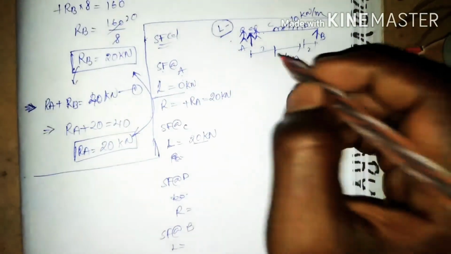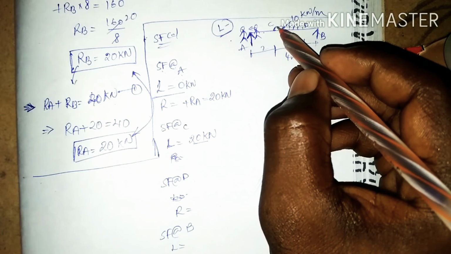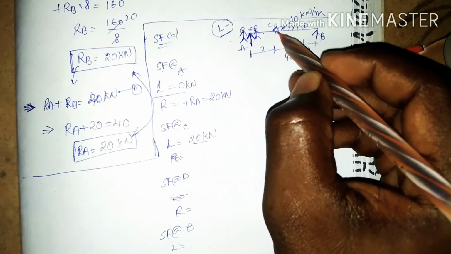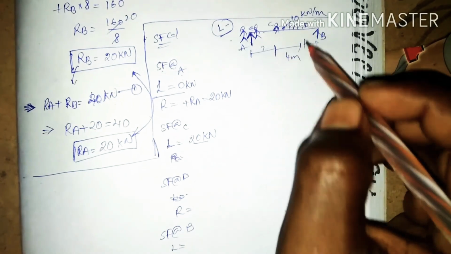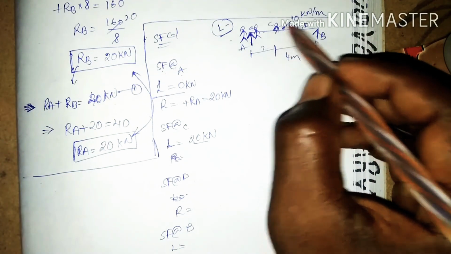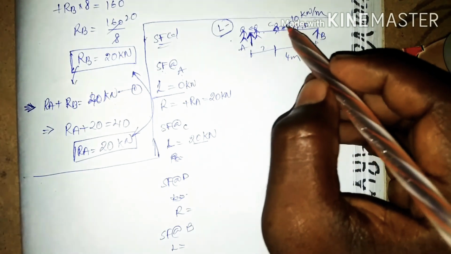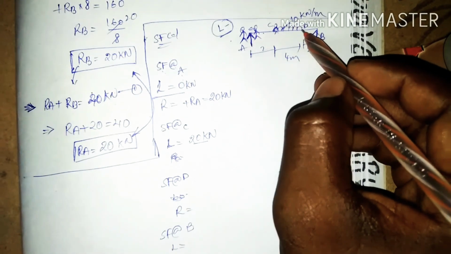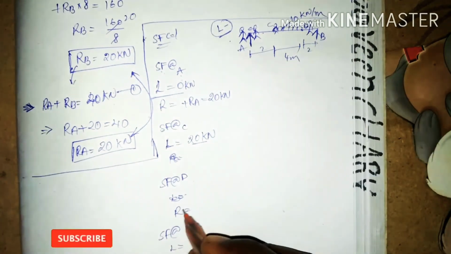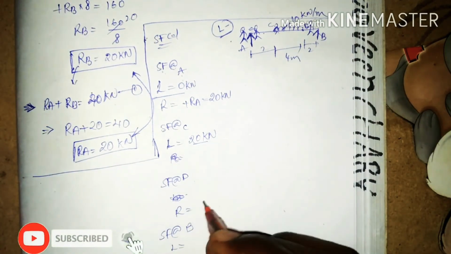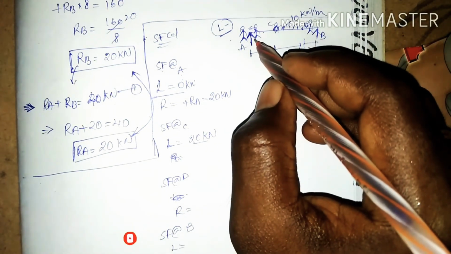When I reach just right of C, we cannot divide the UDL as a point load, so I take the point after the UDL, that is just right of D, looking forward to the left side of the beam.